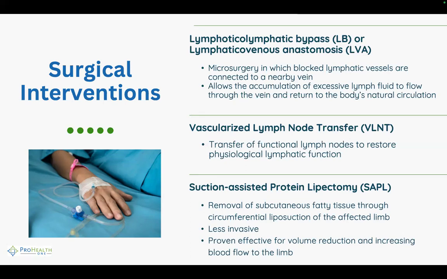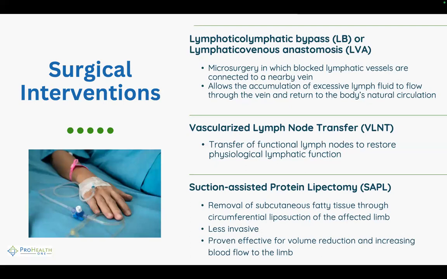This involves removing subcutaneous fatty tissue through a liposuction procedure in the affected limb. It's a very minimally invasive procedure, and it's being done in some places to help reduce lymphatic volume and increase blood flow in that limb.